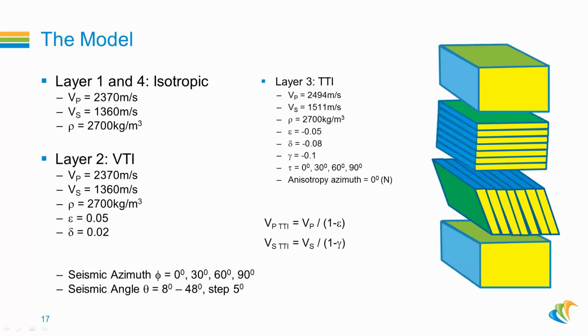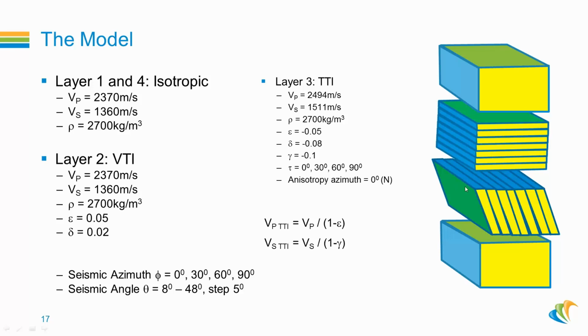I'm using a pretty simple model, so there are 4 layers in the model. The top and the base are isotropic. The second layer is VTI, so horizontally stratified, and the third layer is TTI. And with TTI media, I can vary the tilt angle all the way from 0, which is HTI, to 90 degrees, which is VTI.